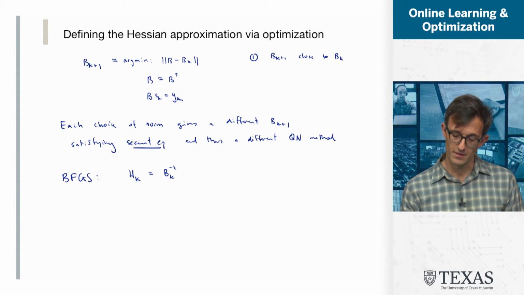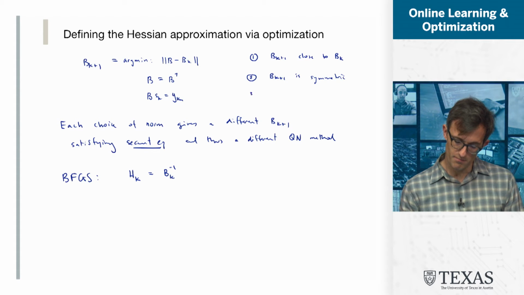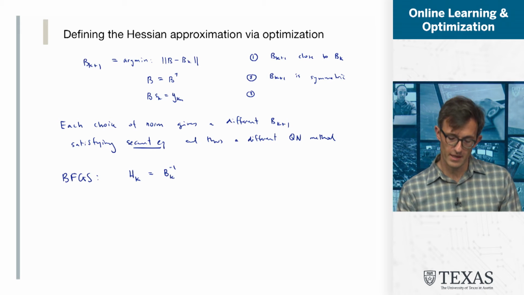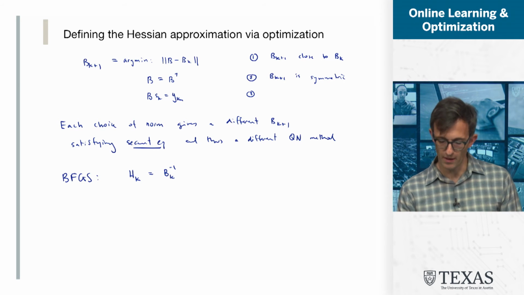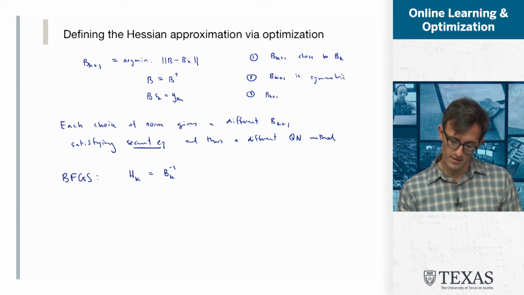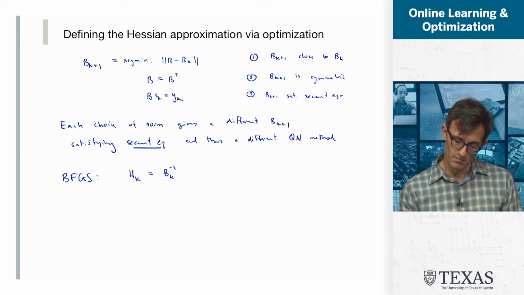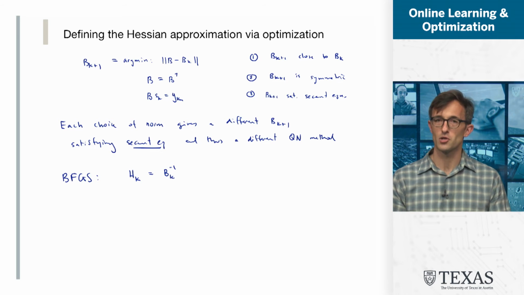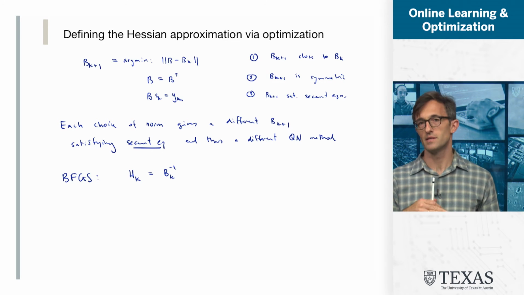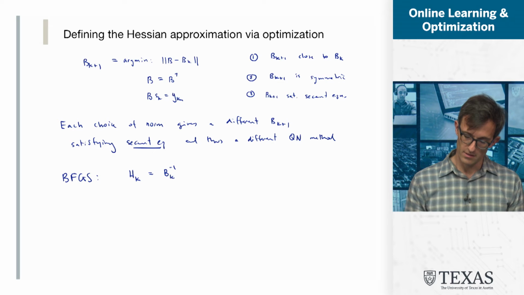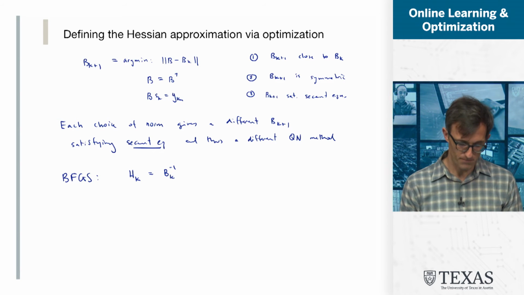That's what the objective tells us. 2 is saying that B_{k+1} is symmetric. And requirement 3, the secant equation, is just saying that B_{k+1} satisfies the secant equation. But you can see that I can actually accomplish all of this while staying in the space of H_k instead. So let me write out these 3 requirements.